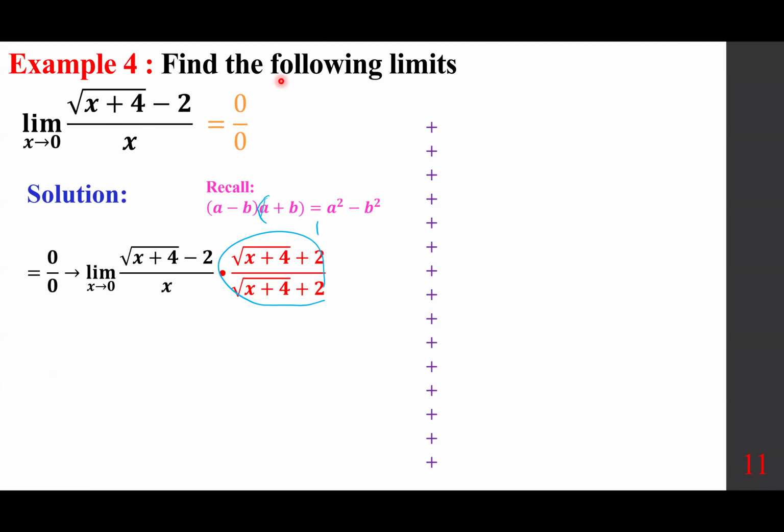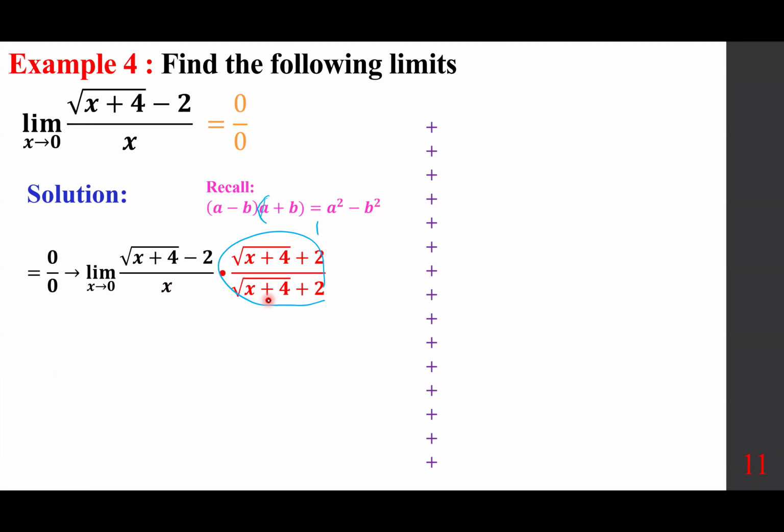Now, when you have 0 over 0, it's the 0 in the denominator, which is a problem, everybody. So the 0 in the denominator is the problem. Therefore, you never ever multiply the x by the parentheses.